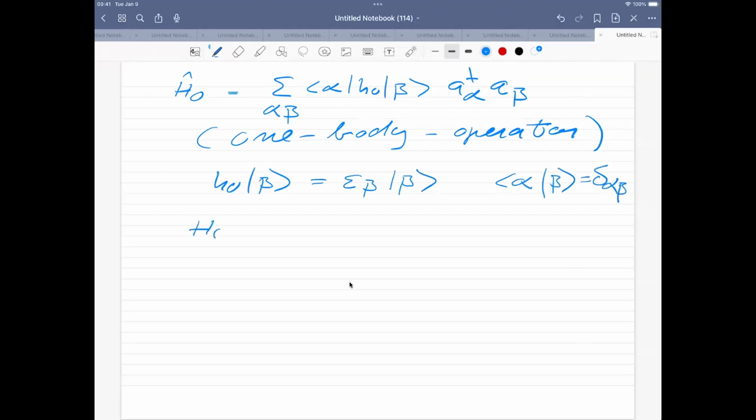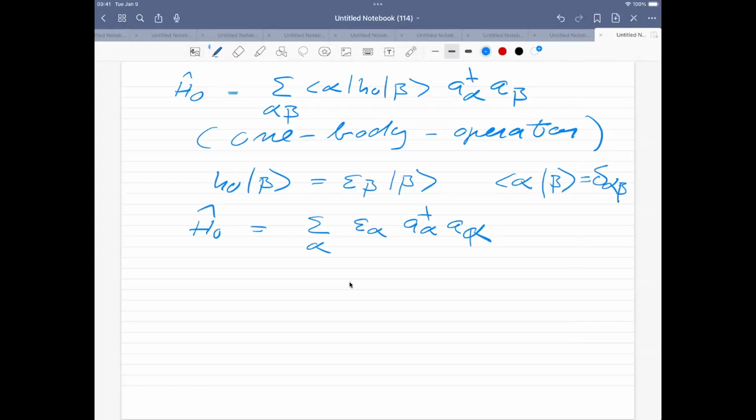And then the operator reduces simply to a single sum. So I would have an epsilon alpha multiplied with A dagger alpha, A alpha. It doesn't need to be that simple. It's not guaranteed that we have a one-body basis here which is an orthonormal basis and an eigenbasis of H0. But that's a pretty common choice.